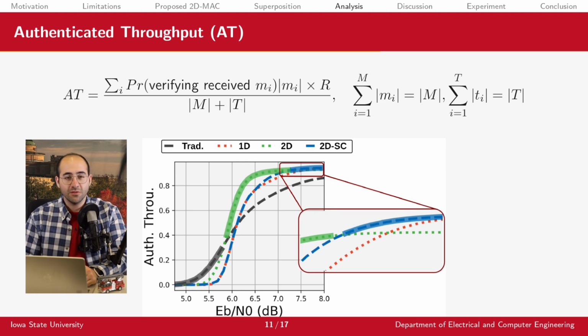This suggests that 2DMAC can increase the authenticated throughput for lossy environments, though for lossless scenarios, 1DMAC delivers better performance. Also, one takeaway is that the tag to message ratio, indicating the number of tags transmitted for a fixed number of messages, is an important metric that needs to be taken into consideration. In low SNR, the tag to message ratio must be closer to 1, and in higher SNR, this can be reduced accordingly. Next, we demonstrate our scheme performance on a real-world Wi-Fi testbed.